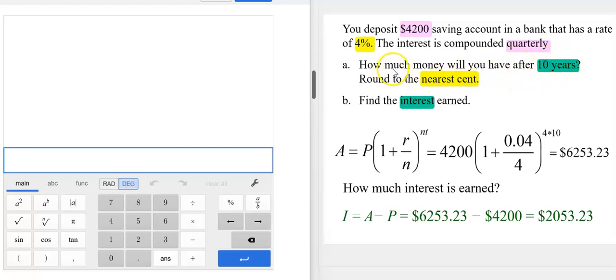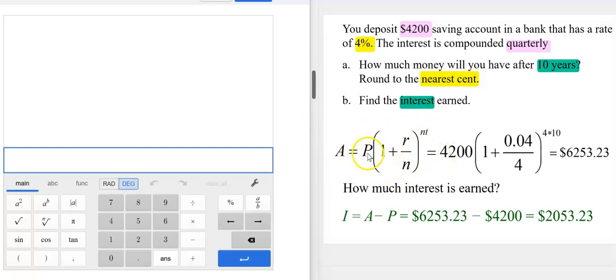We are looking for how much money you will have. That means we are looking for the future value. Future value is called A, sometimes also FV, and we use A in the formula. So this is the formula for future value in compound interest.